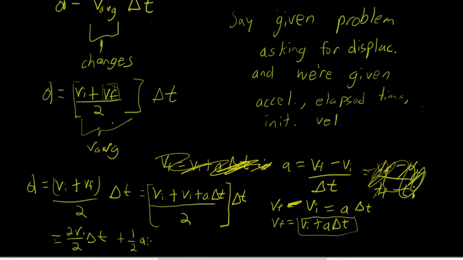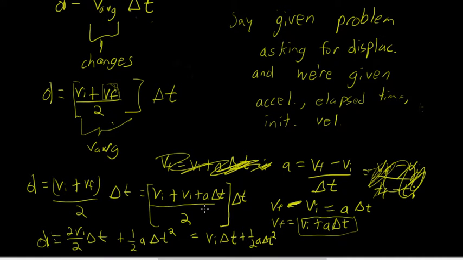So 1/2 a times delta t squared. 2 vi over 2 is just vi. So we have vi delta t plus 1/2 a delta t squared.